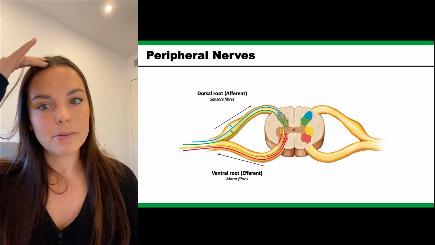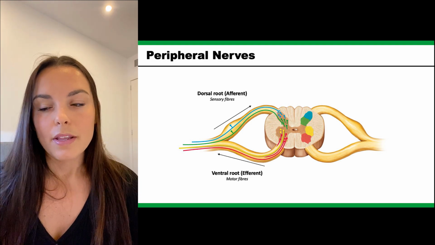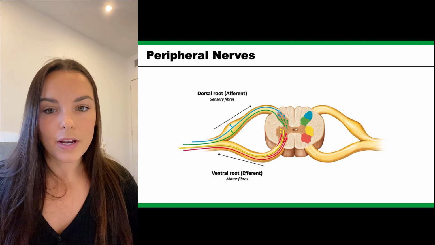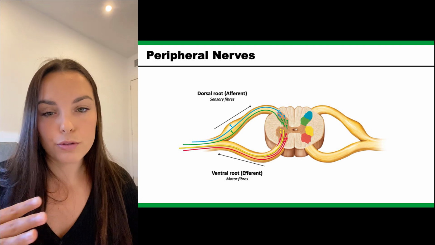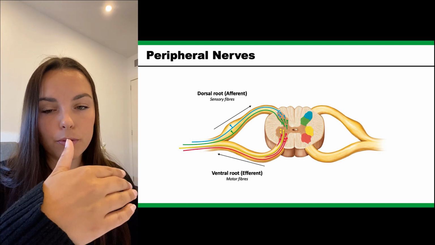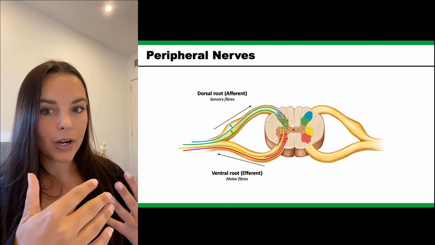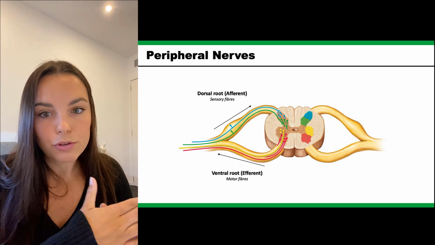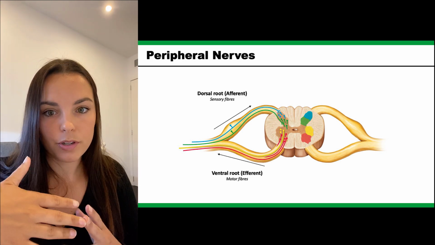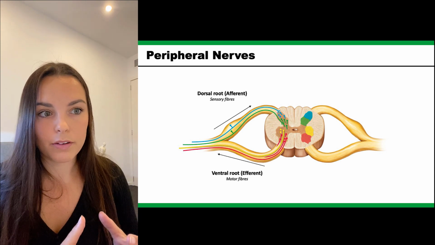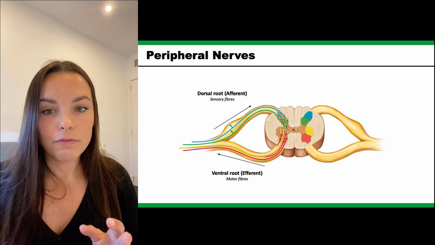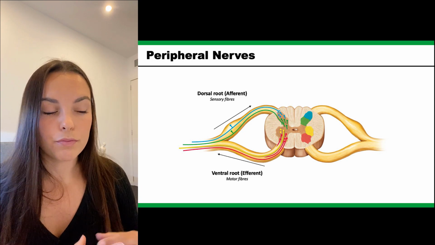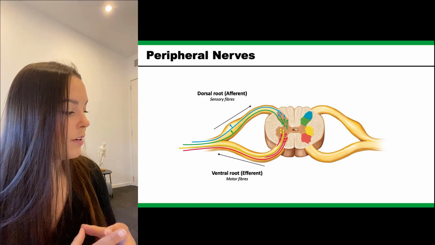And the sensory fibers pick up what's going on in the environment. They pick up the stimuli. They send that message through an afferent pathway through the dorsal root to the spinal cord. That message gets integrated, and then the response comes down through the ventral root via the motor fibers in this efferent pathway. So the sensory fibers receive the information, and the motor fibers respond to the information.